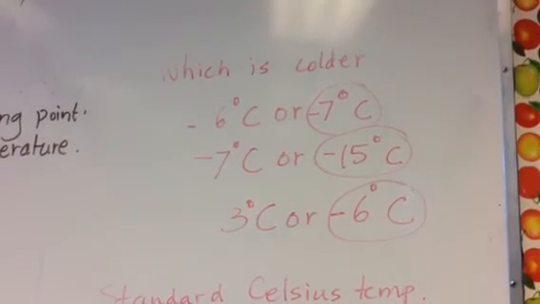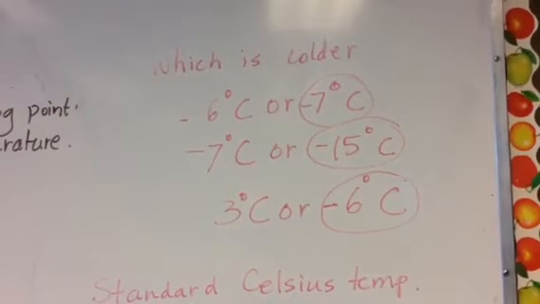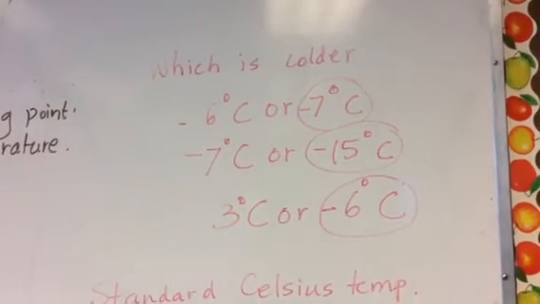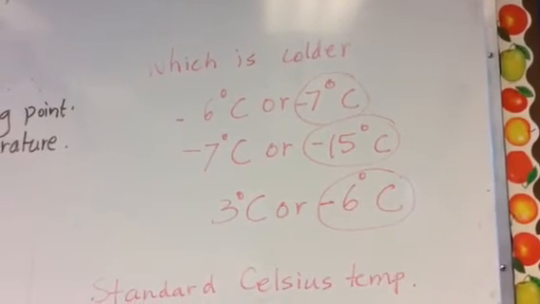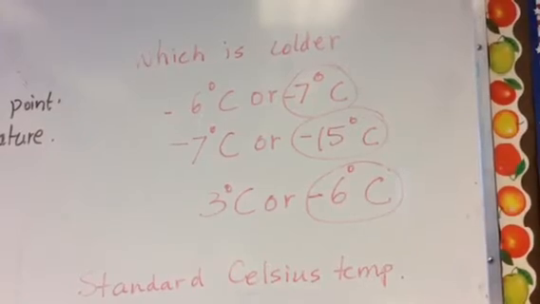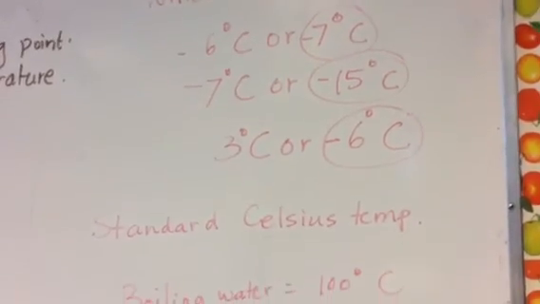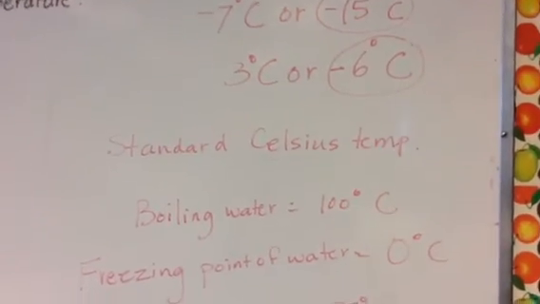Which will be colder? -7 degrees Celsius. What will be colder, -7 degrees Celsius or -15 degrees Celsius? -15 degrees Celsius will be colder. 3 degrees Celsius or -6 degrees Celsius? -6 degrees Celsius.